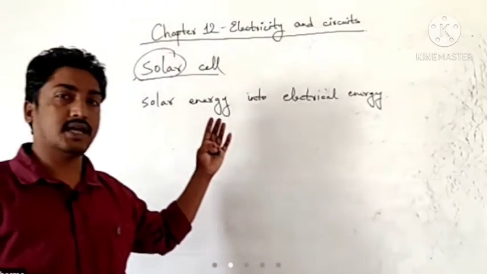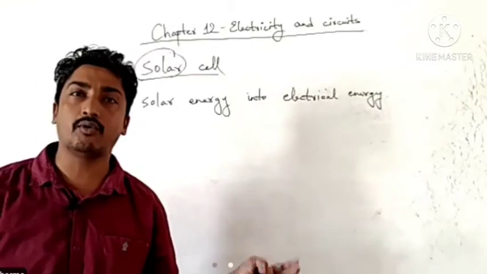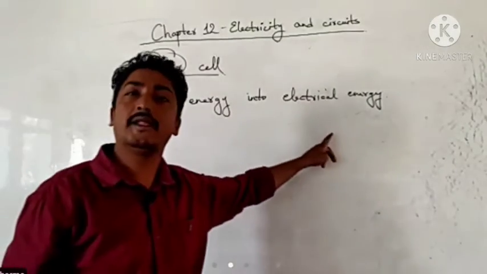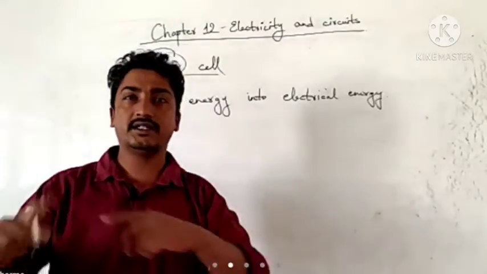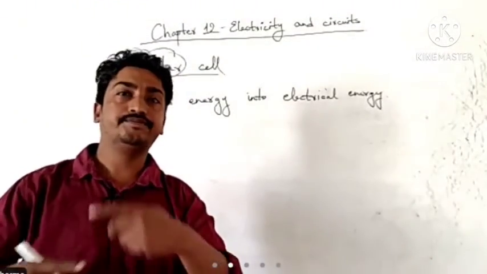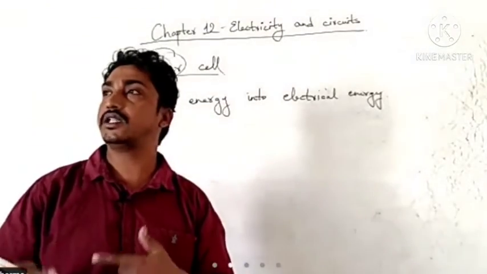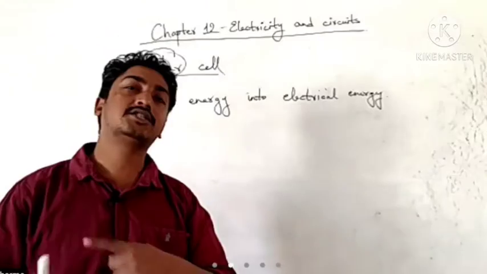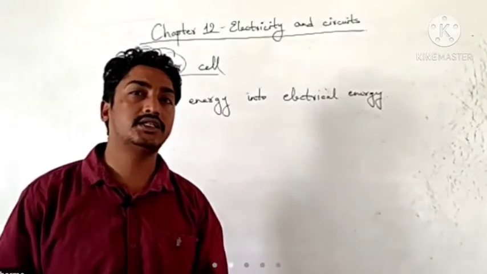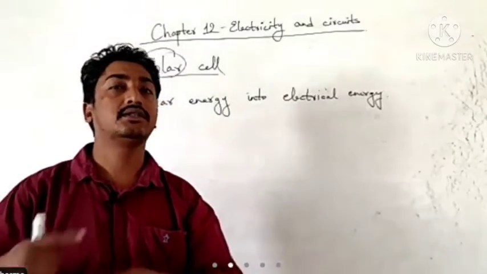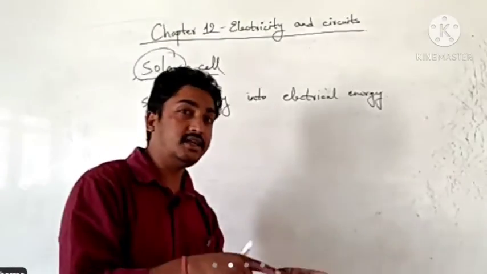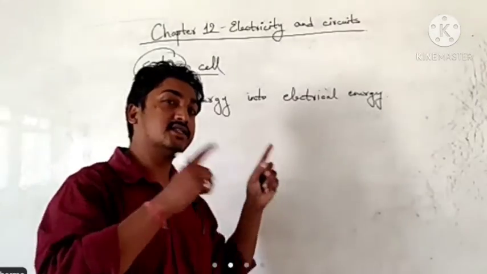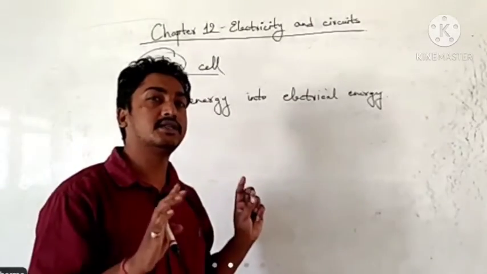As we discussed about a hydroelectric power plant, in that case mechanical energy is converted into electrical energy. I told you that a certain round object, you can say the pulley, when run at a certain speed, that means revolutions per minute, it is mechanical in nature, and that energy is converted into electrical energy in the hydroelectric case.